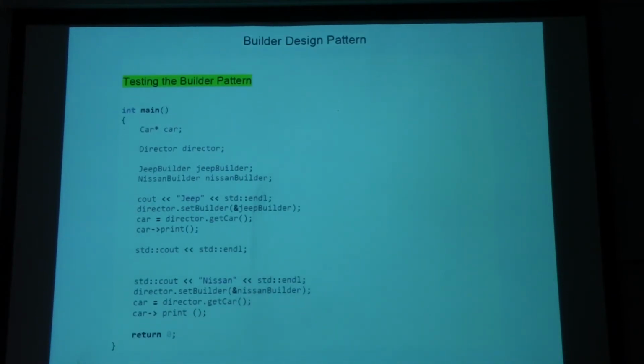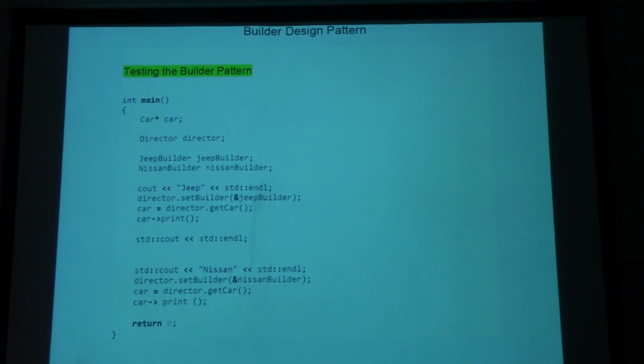So the next thing I'm going to do is I'm going to construct a Jeep builder and a Nissan builder. So now I'm going to output Jeep, and I'm going to say director, set builder, and I'm going to set the address of a Jeep builder. Remember, it's expecting what? A builder pointer. So a Jeep builder address is a pointer to it.